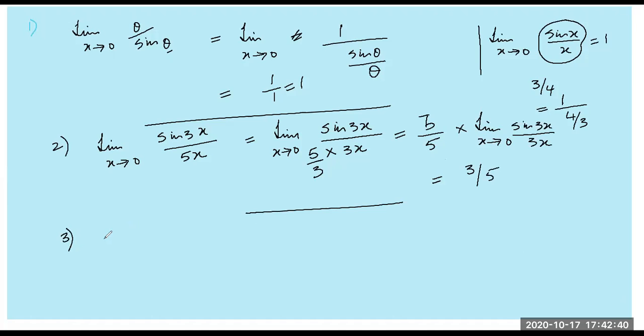Third sum. We can do now limit theta approaches 0. Instead of x, we have theta. sin a theta divided by sin b theta. So can we do it? So this is equal to limit theta approaches 0. Yes, think about this.